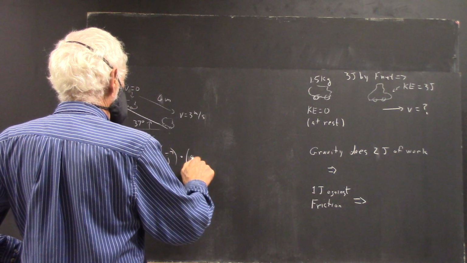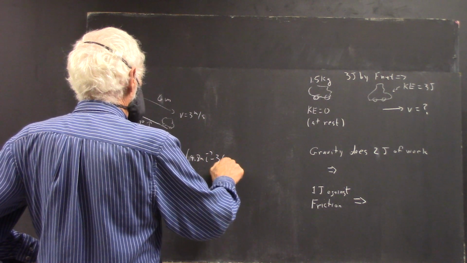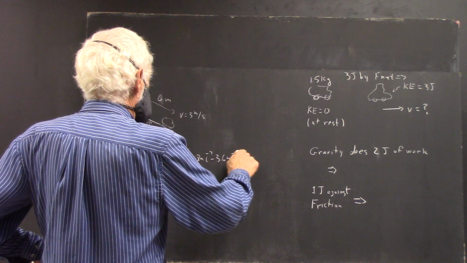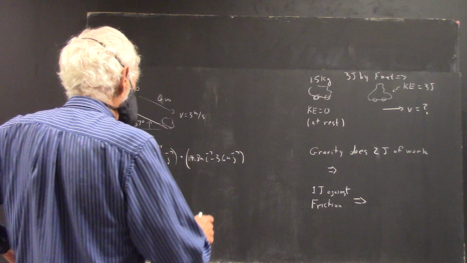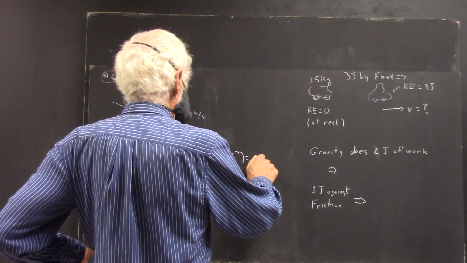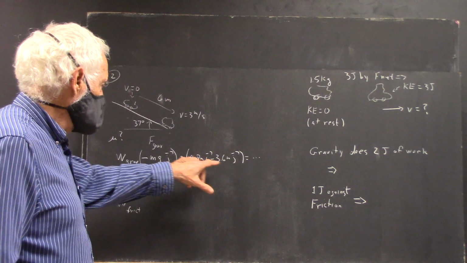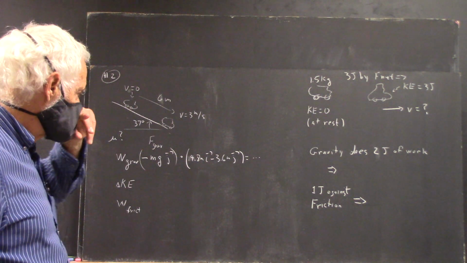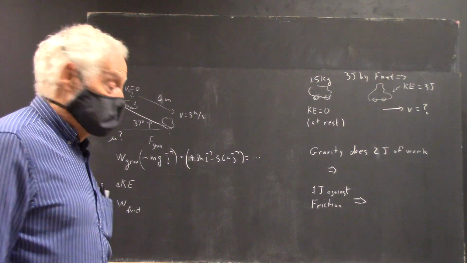It's 4.8 meters i minus 3.6 meters times j. And the dot product is then just going to be, well, it's going to be negative 3 meters times mg, and I've got m for meters and m for mass, which is not a good idea, but plug in the numbers and stuff, okay? So just do the dot product.